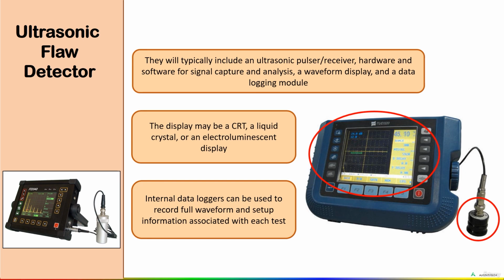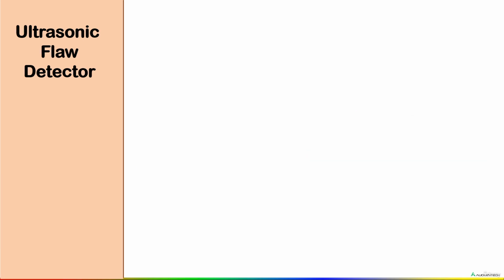Alarm gates are often employed to monitor signal levels at selected points in the wave train to flag echoes from flaws.